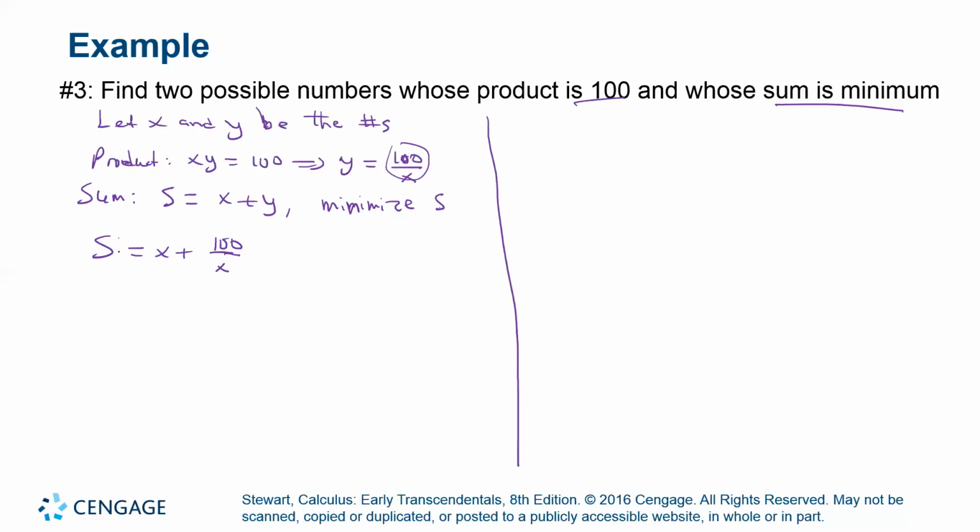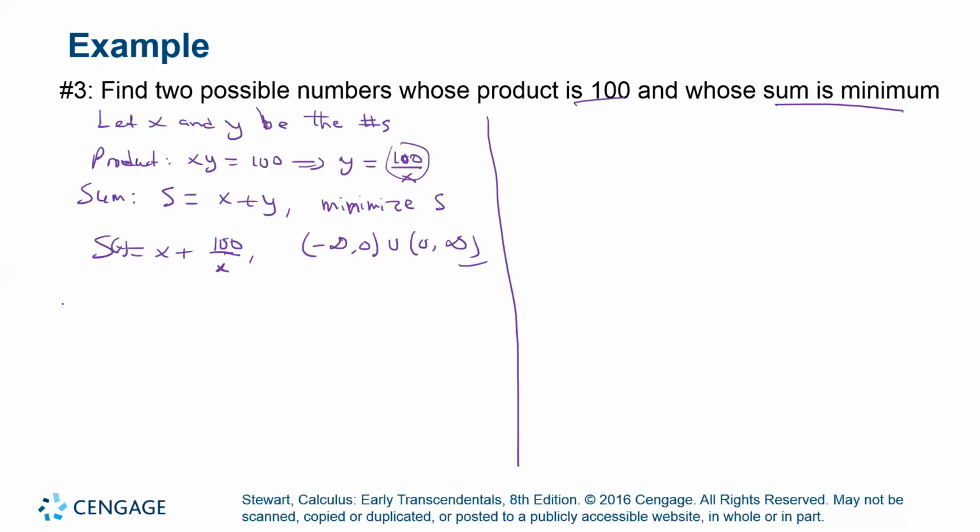So now this becomes a function of x. Now we want to minimize that. By the way, what's the domain of this? It's all real numbers except 0, because if x is 0, then 100 over 0 is undefined. So that's why we have this domain.